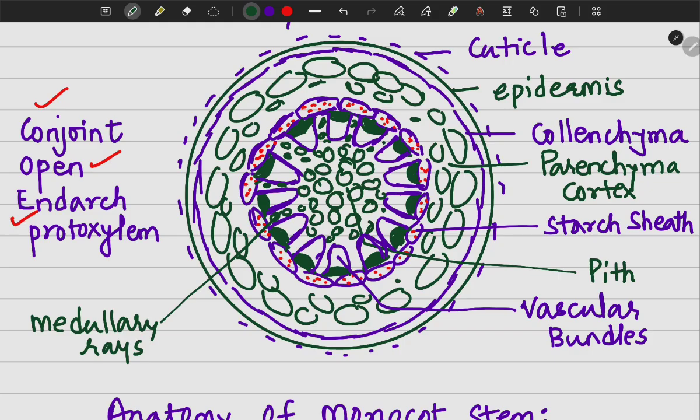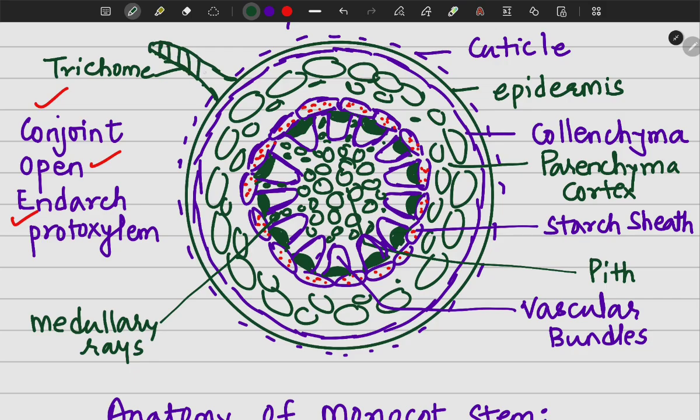If you remember, we studied about trichomes. Trichomes are the hair which are present on the epidermis. Usually the hair of the epidermis in cases of stem are called trichomes, right? So this is a trichome.